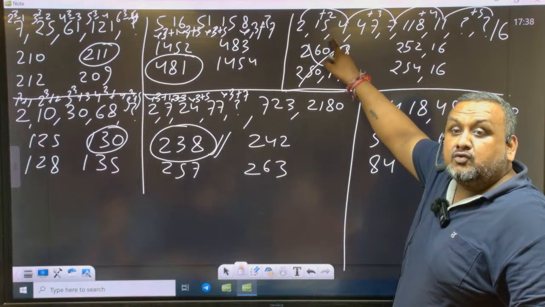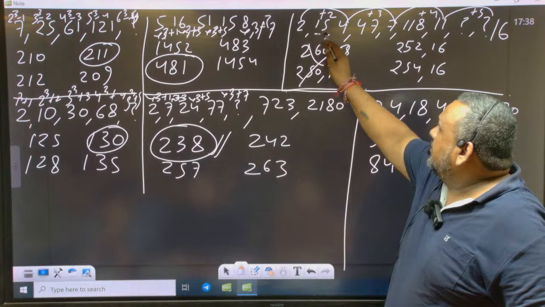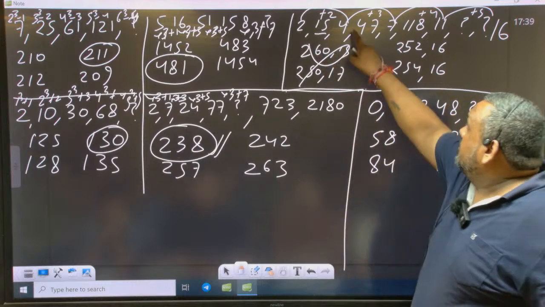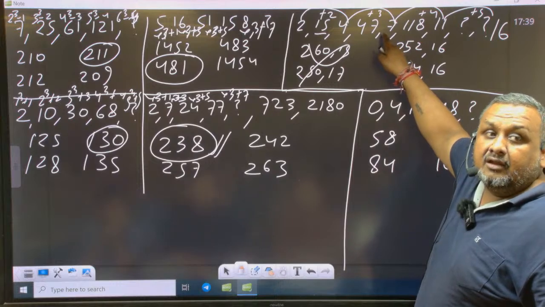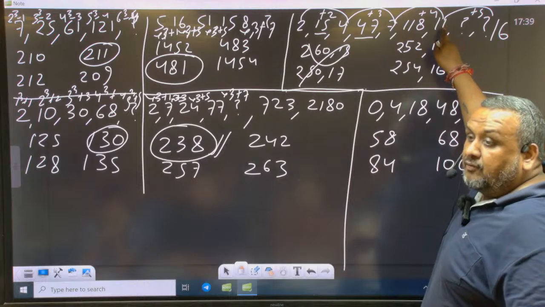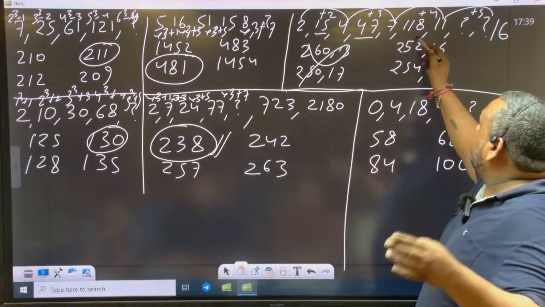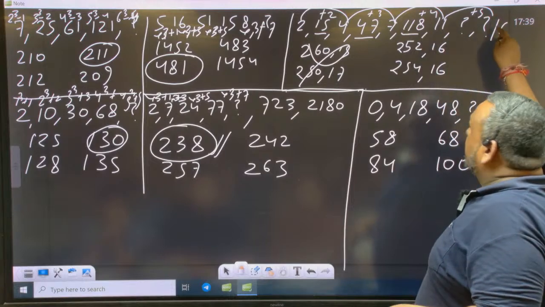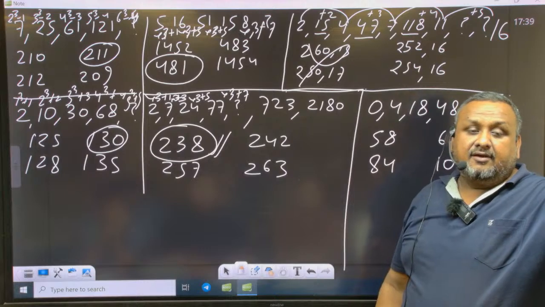Square of 4, 16 minus 1. Square of 7, 49 minus 2. Square of 11, 121 minus 3. Square of 16, 256 minus 4.